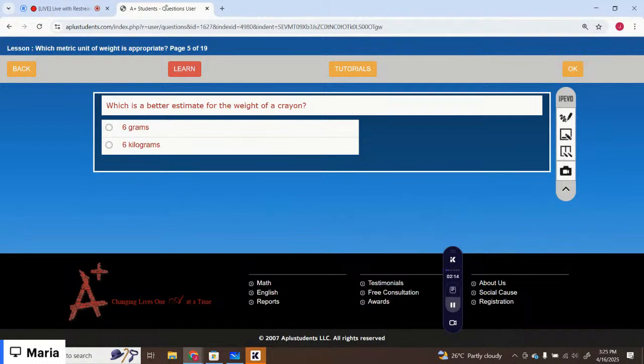So you want to take, right? 6 grams it is.